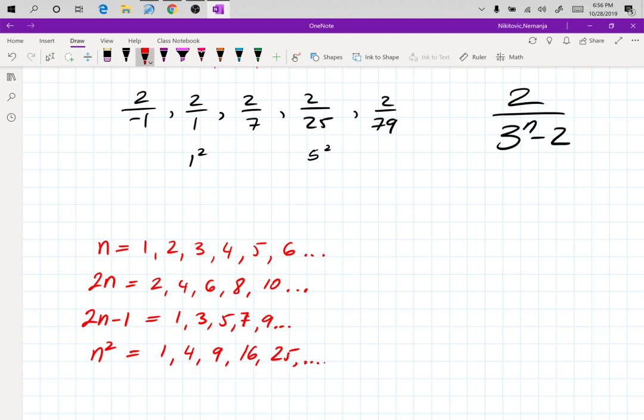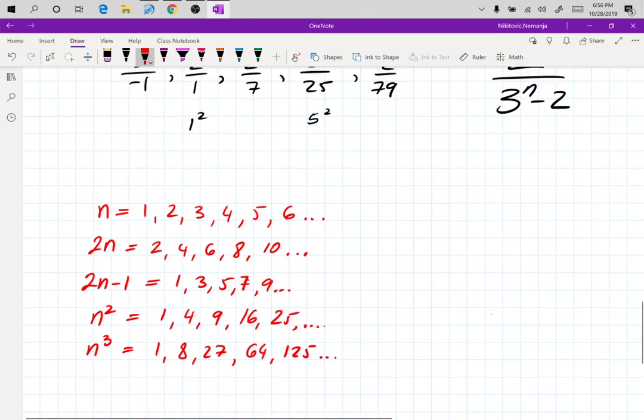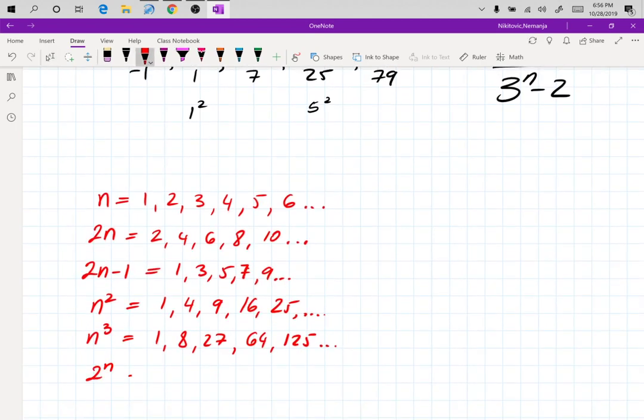And here is the n cubed. N cubed is 1, and then 2 cubed is 8, and 3 cubed is 27, and 4 cubed is 64, and then 125.